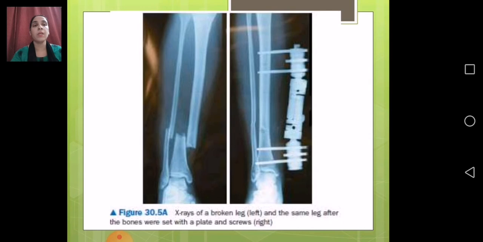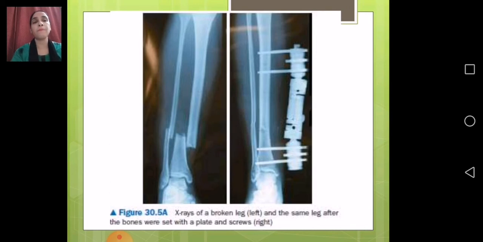A figure of a bone, you can find it here. Most of the time, if a person meets an accident and a certain part of the bone gets crushed, it can be replaced with a rod also. This is an X-ray of a broken leg on the left, and the same leg after the bones were set with a plate and screw.